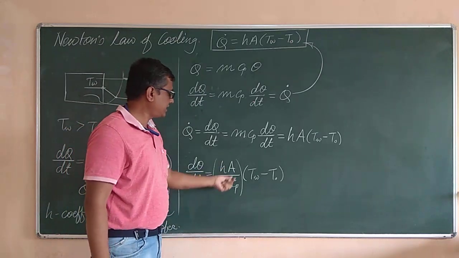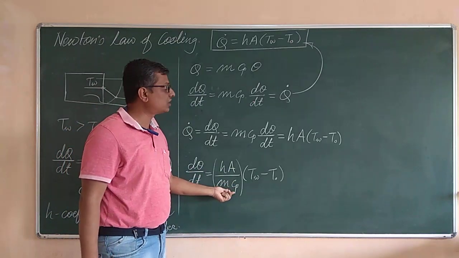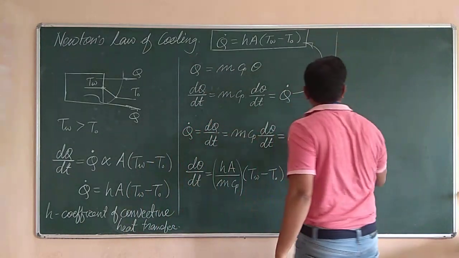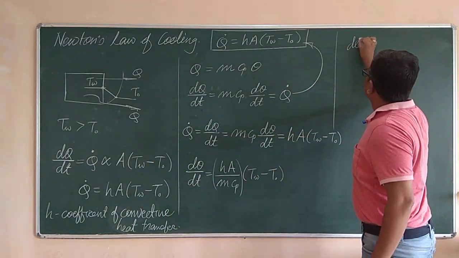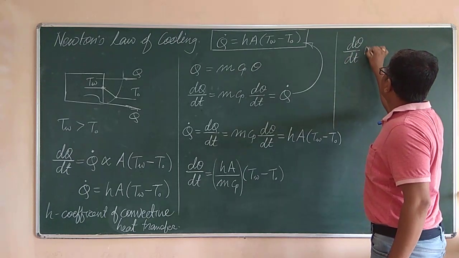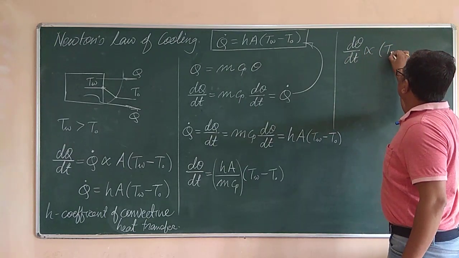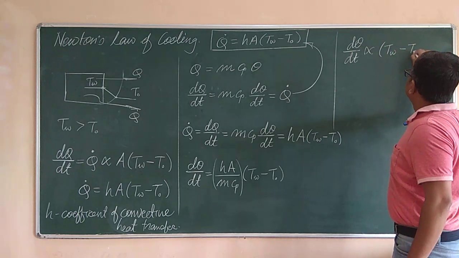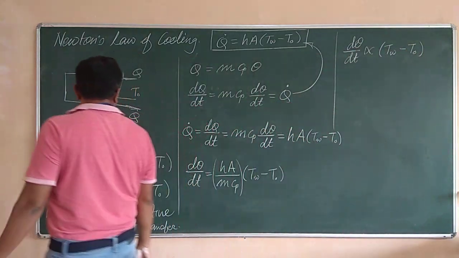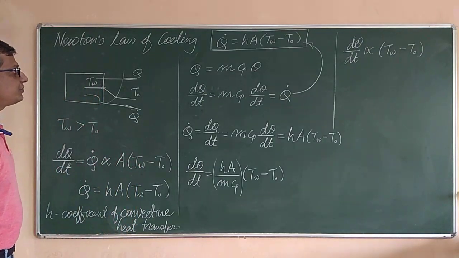So if h, A, m and Cp are all constant, I can write one more equation: d theta by dt is proportional to (Tw minus T naught). So I have two different statements for Newton's law of cooling.